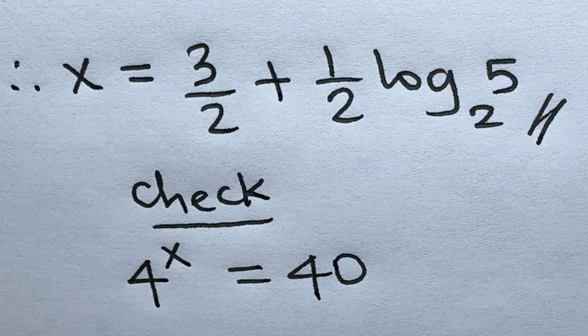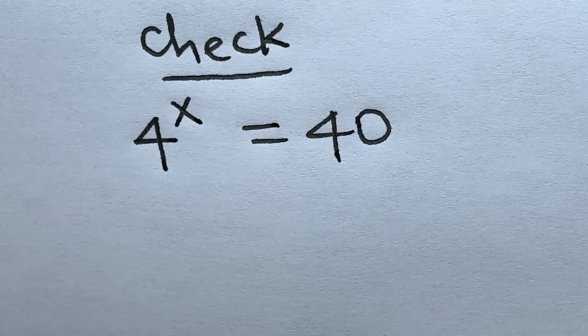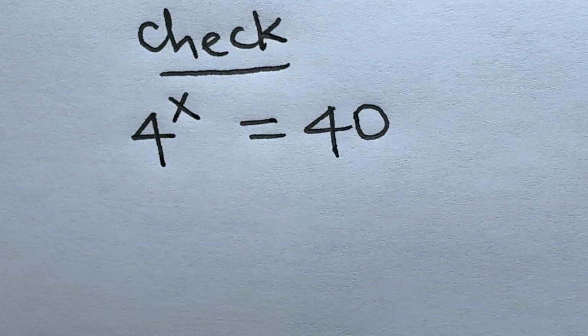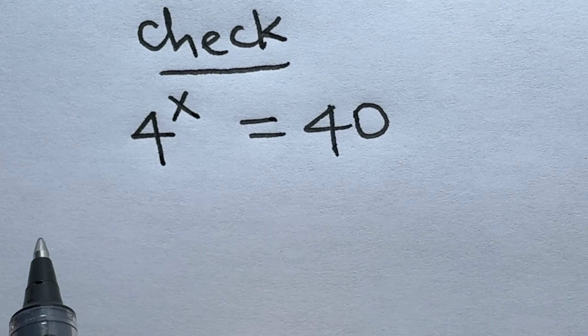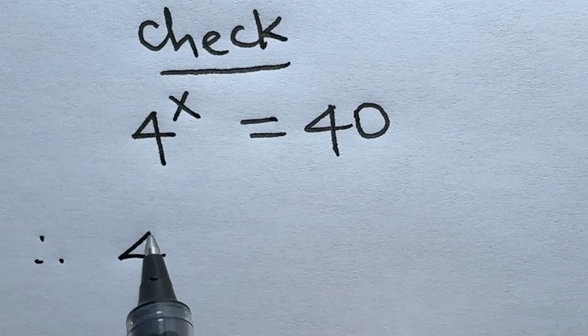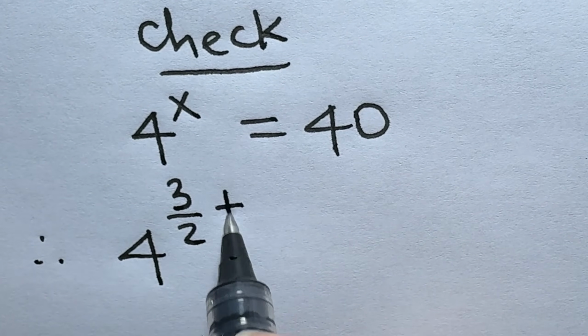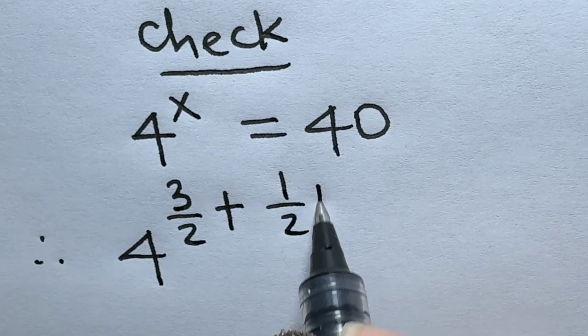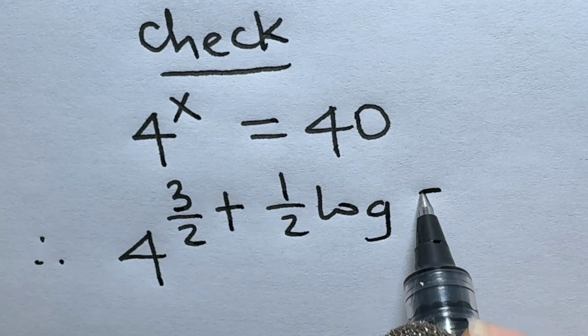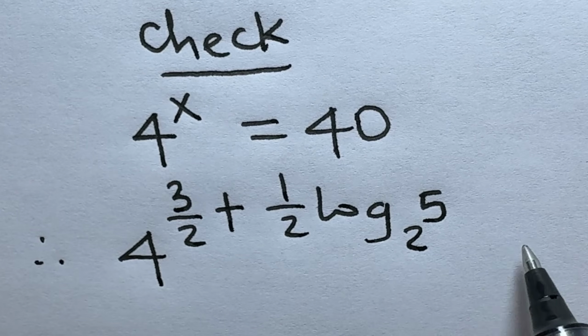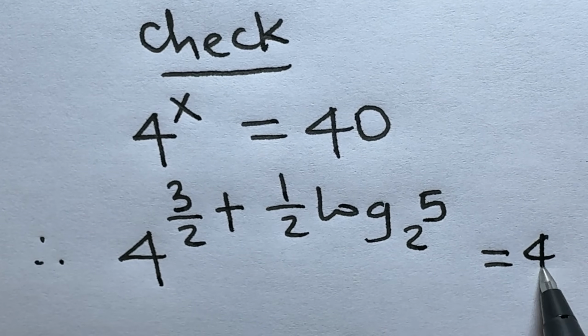And if that happens, it means that the solution is correct. Therefore, 4 raised to power 3 over 2 plus 1 over 2 log 5 base 2 should give us 40.